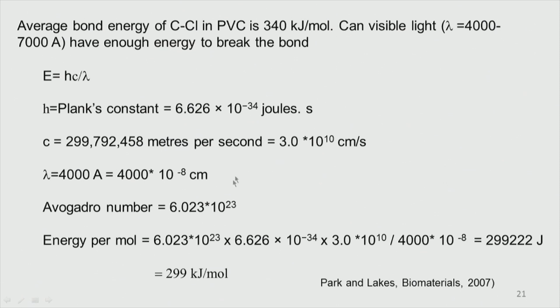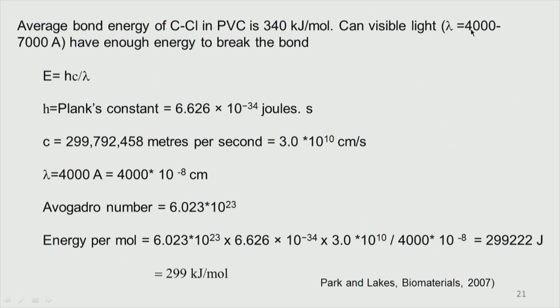Average bond energy is 340. So, I need to achieve 340, but I got only 299. So, if I am using a light whose wavelength is 4000 to 7000, then I will not break the C-Cl bond, whereas the lambda is going to be much less than this 4000.